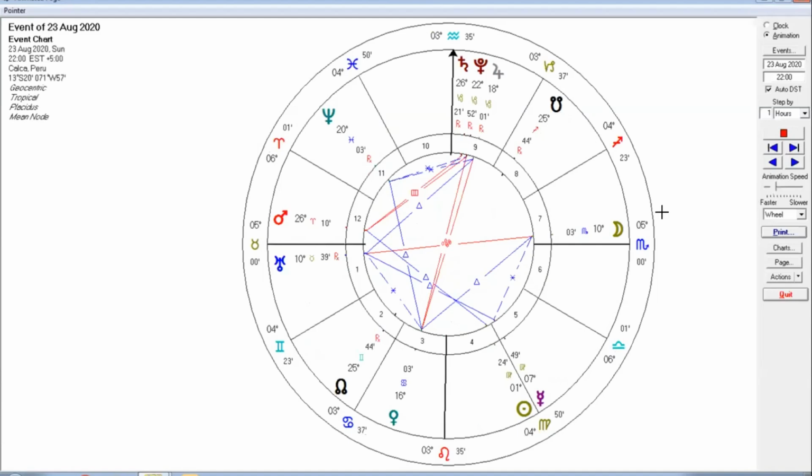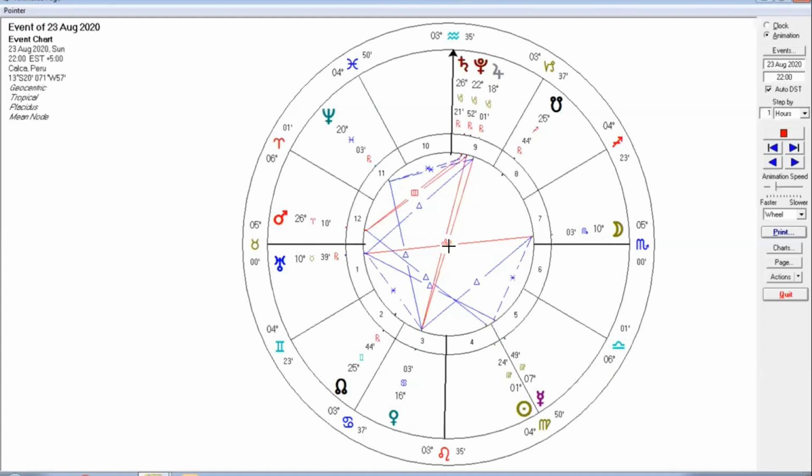If you were born at sunset, it would be over here in the seventh house. And so, that makes for a very different chart and a very different life. So your essential nature, the sign that the sun is in, probably won't change during those 12 hours. It's possible, but in most 12-hour periods, it doesn't happen.